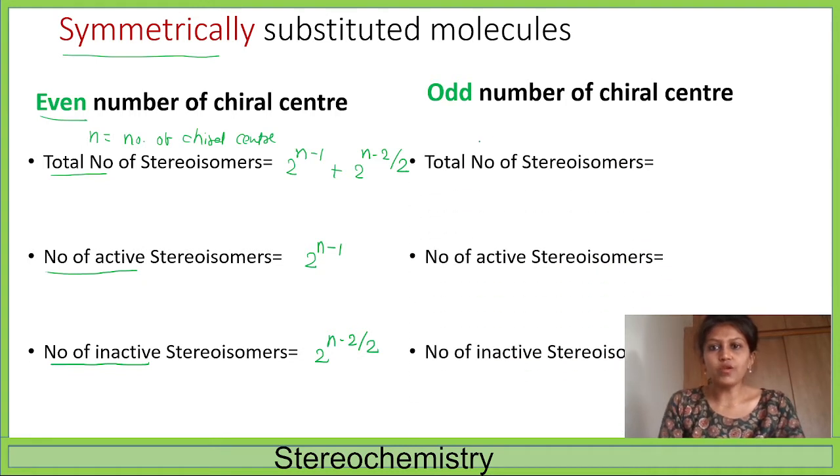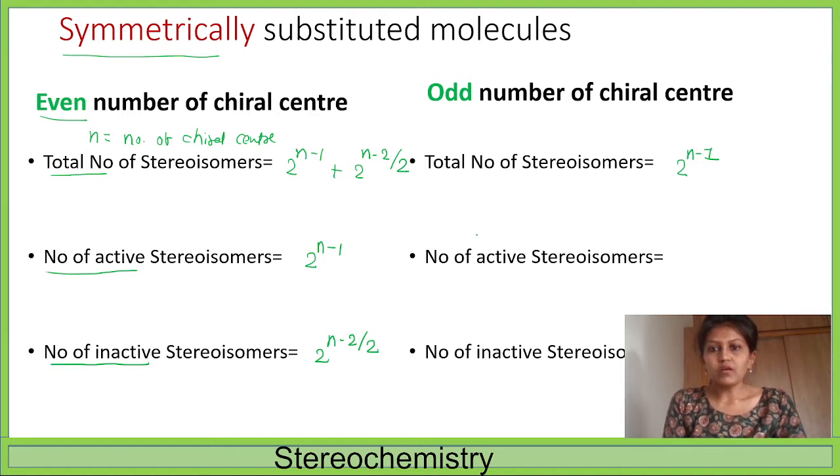Now for an odd number of chiral centers, if the molecule is symmetrically substituted, the total number of stereoisomers is 2 raised to n minus 1. The number of inactive stereoisomers is 2 raised to n minus 1 divided by 2, right?